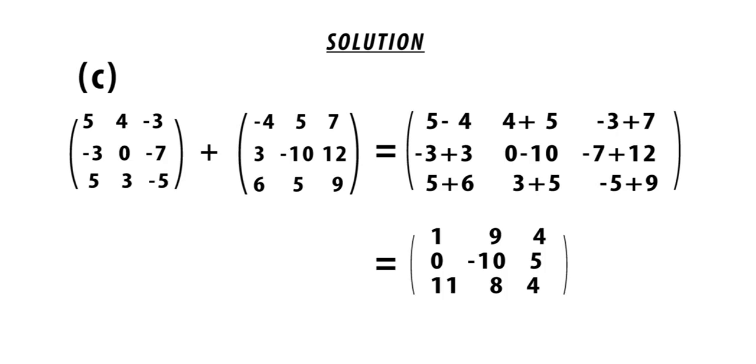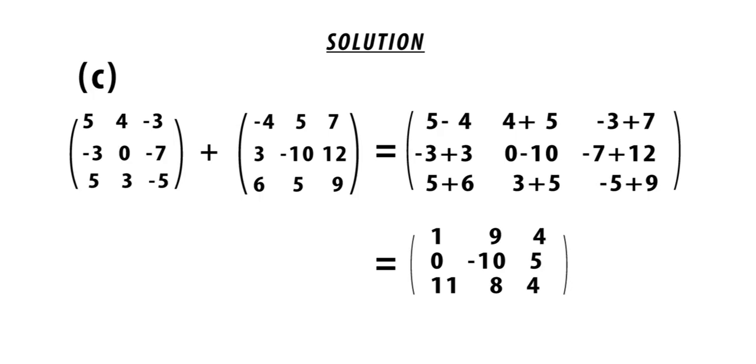For the second row, we will have negative 3 plus 3, 0 minus 10, negative 7 plus 12. And for the third row, we have 5 plus 6, 3 plus 5, negative 5 plus 9. When we simplify that, we have the matrix 1, 9, 4, 0, negative 10, 5, 11, 8, 4. I hope you understand.